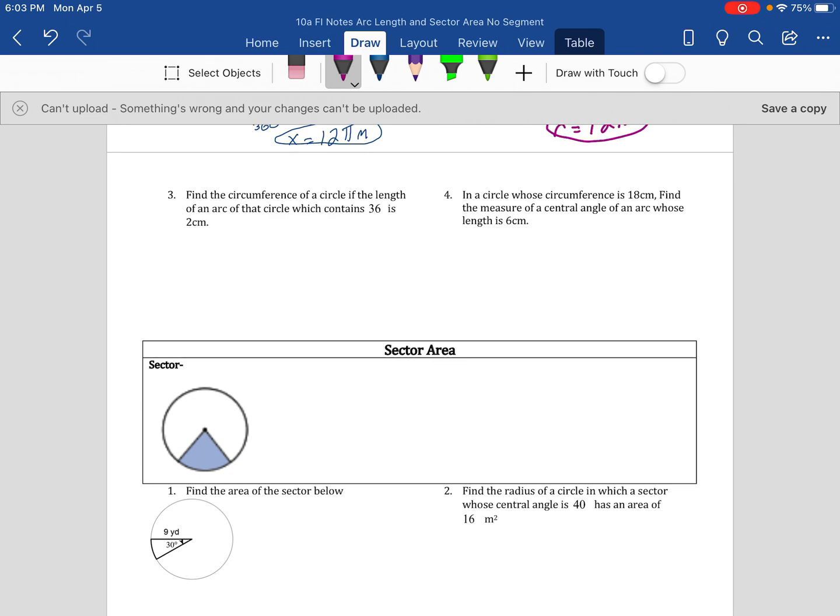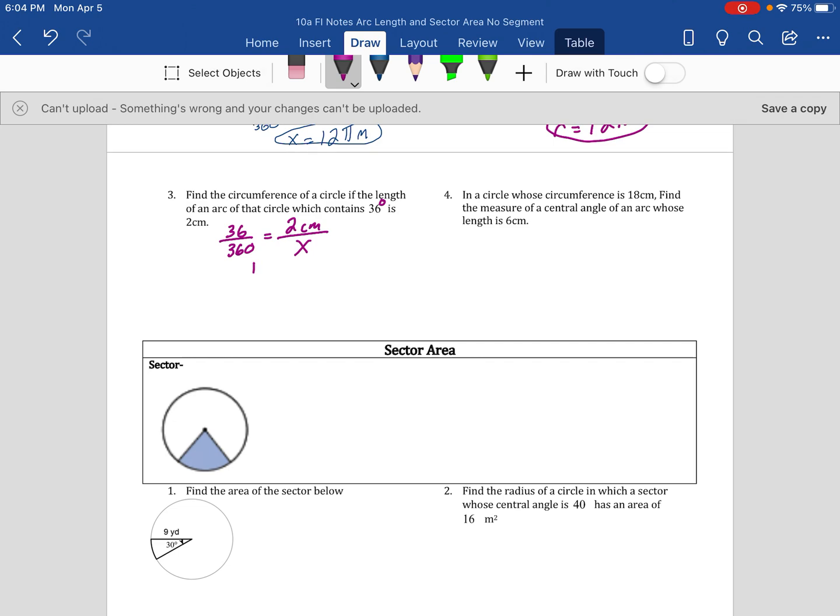Number 3, find the circumference of a circle if the length of an arc which contains 36 degrees is 2 centimeters. So this one is just trying to find the circumference. So I'm going to do 36 over 360, and I know that my arc length is 2 centimeters over, and we're trying to find the whole circumference.